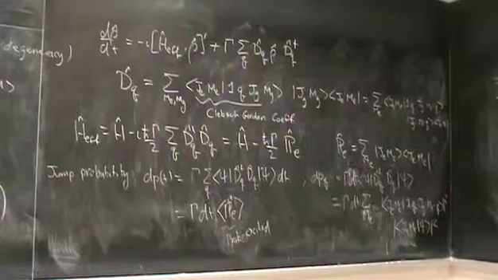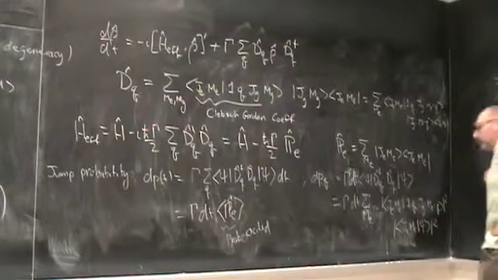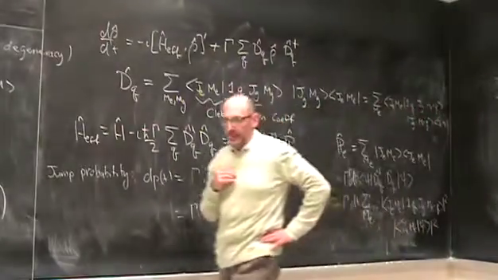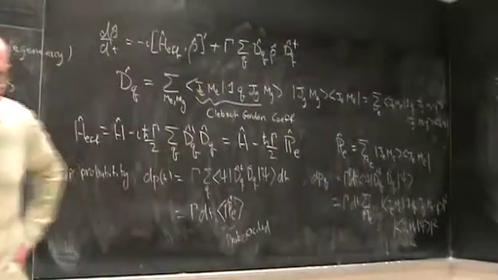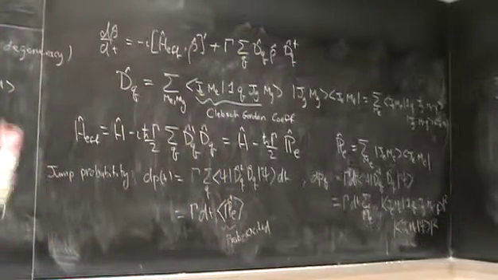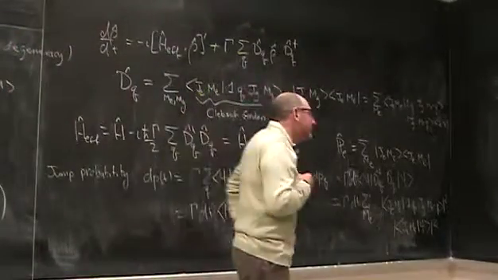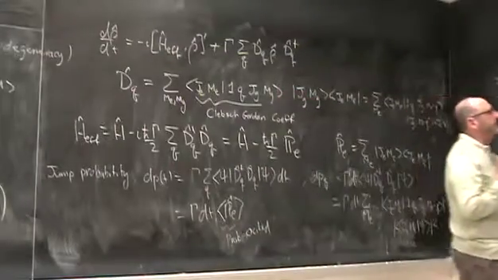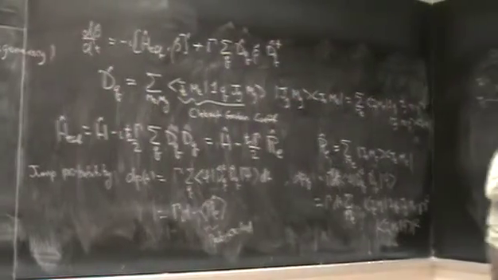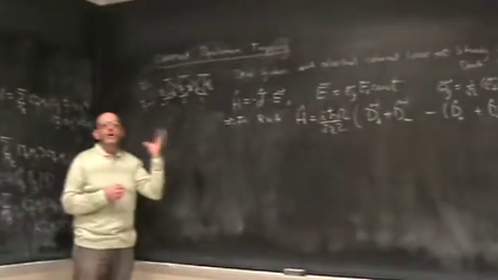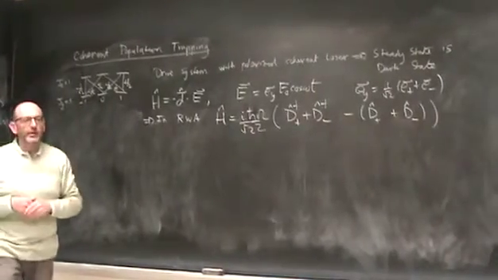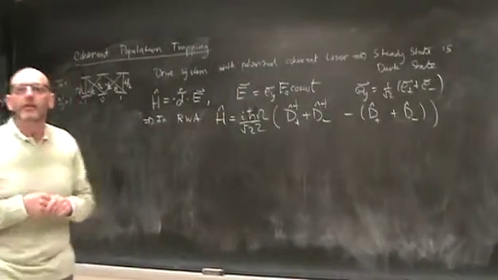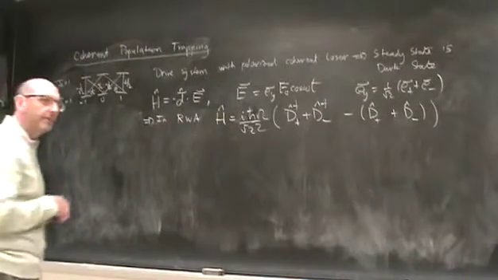So with this structure, we're looking at an interesting problem, the problem of coherent population trapping. That is the problem we studied last semester, in which we're driving this multi-level atom with some coherent laser field, polarized in some way.